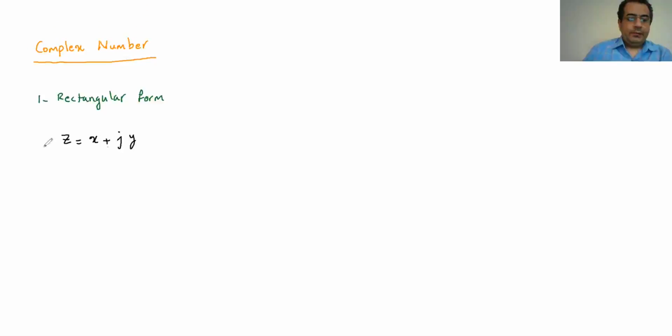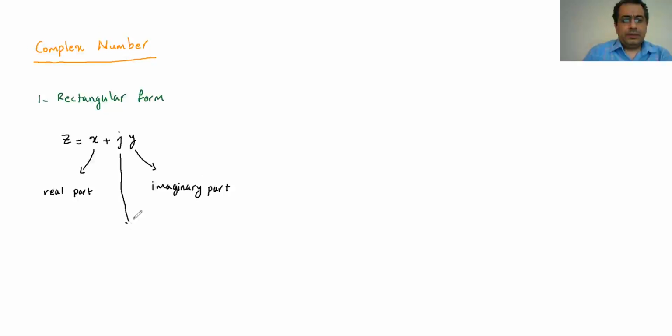When we write it like that, x is the real part of that complex number, and y is the imaginary part. And then the j.